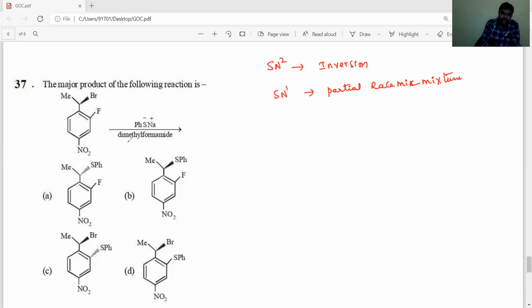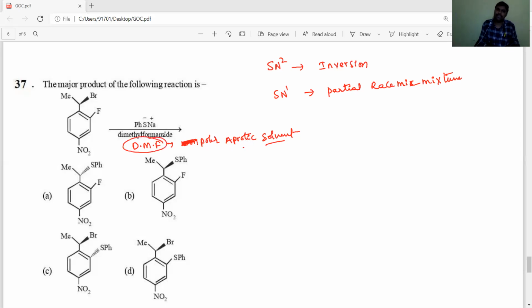DMF, dimethylformamide, is a polar aprotic solvent. Protic and aprotic, what is the meaning? The solvent which can give protons, H plus ions, is called a protic solvent, like water and alcohols. A polar aprotic solvent means the solvent doesn't give protons, doesn't give H plus ions.